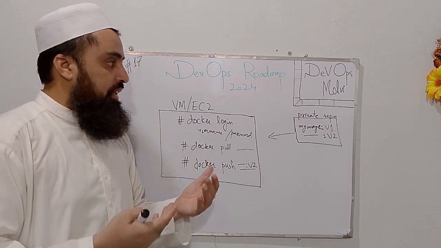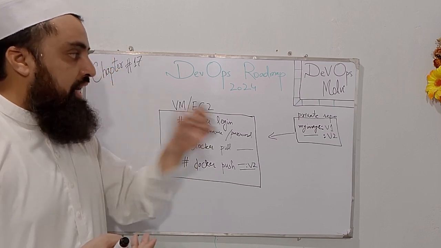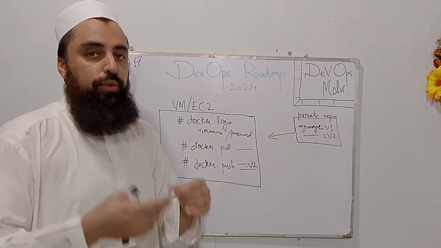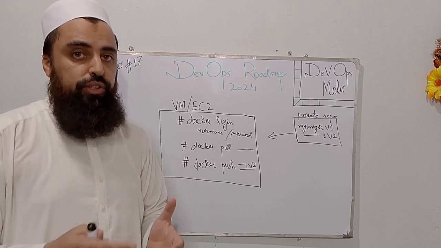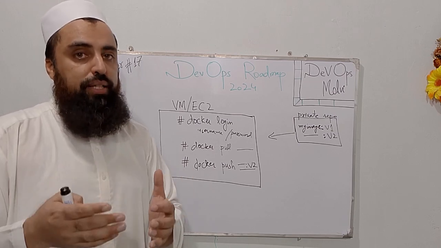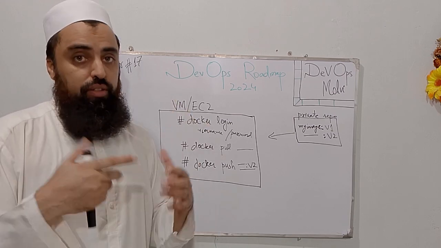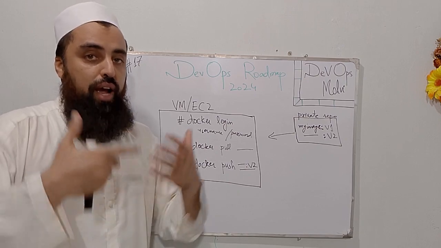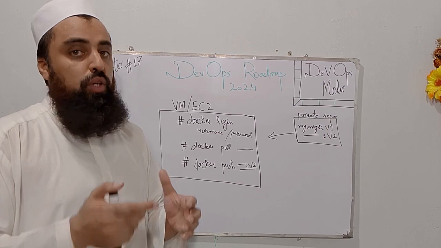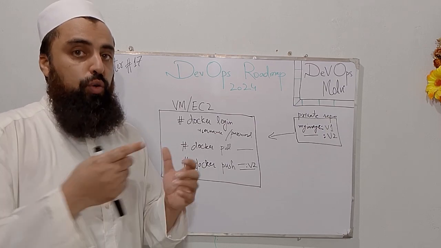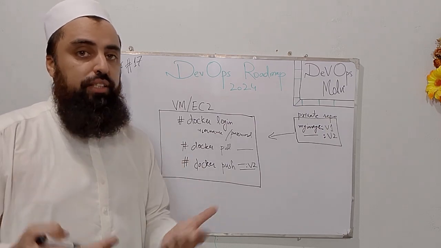So another thing I would like to repeat again, why do we need the private repository? Because our image can contain the source code, the binaries and dependencies that we don't want to have publicly available. So from a security point of view, we should not share our code, our images to anyone in the public.